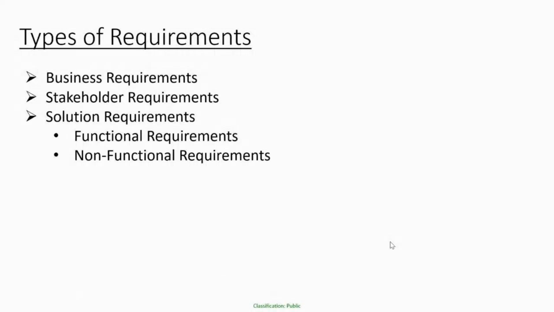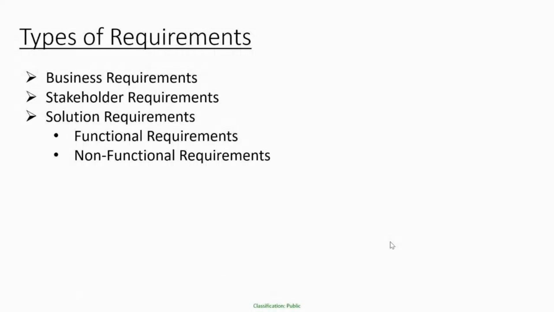To be more clear, for example, one of the requirements is for the user to be able to browse or search for a list of restaurants in a given city. Like the customer mentions, this is my city, say Hyderabad. Now within Hyderabad, what are the restaurants available that the customer should be able to see in the app? This is a functional requirement, because this tells what the functionality of that app is.